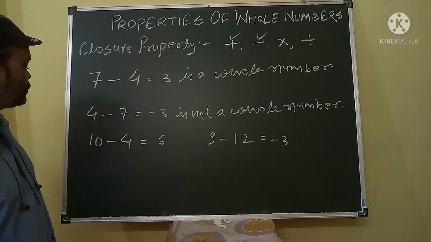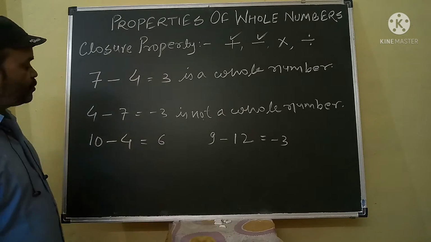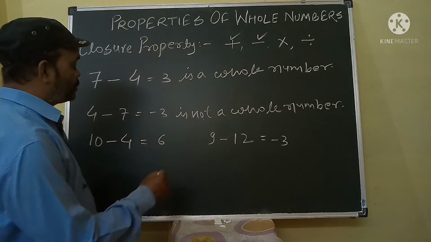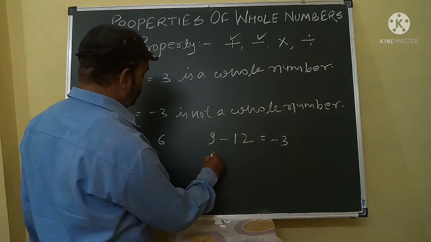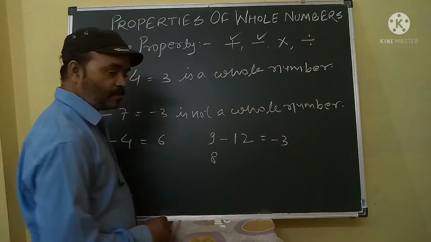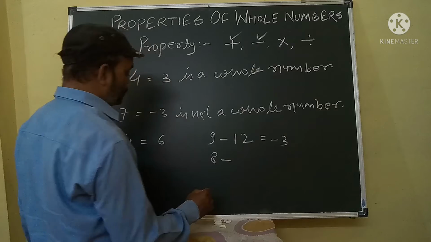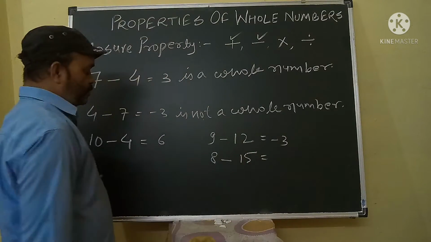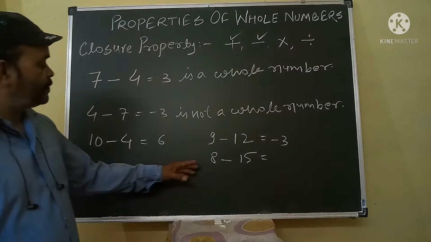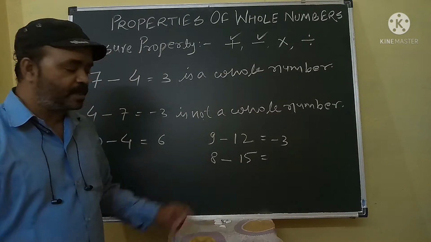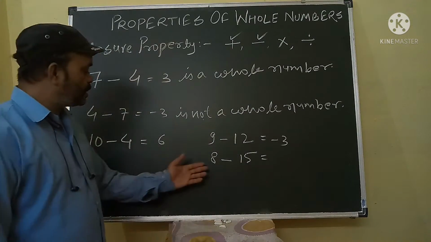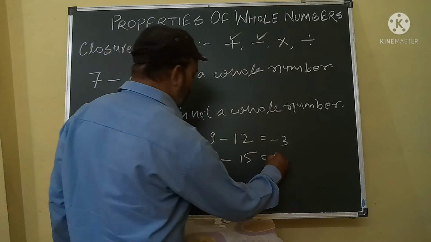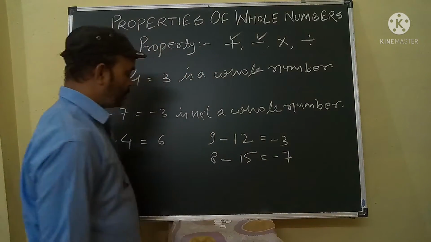Okay. I want to give one more example. Suppose this is 8 and this is 15. What will you get if you subtract 15 from 8? You know very well, 8 minus 15 is equal to minus 7.